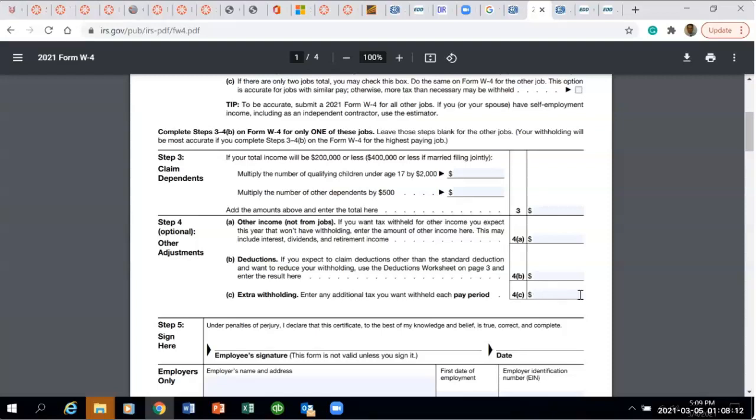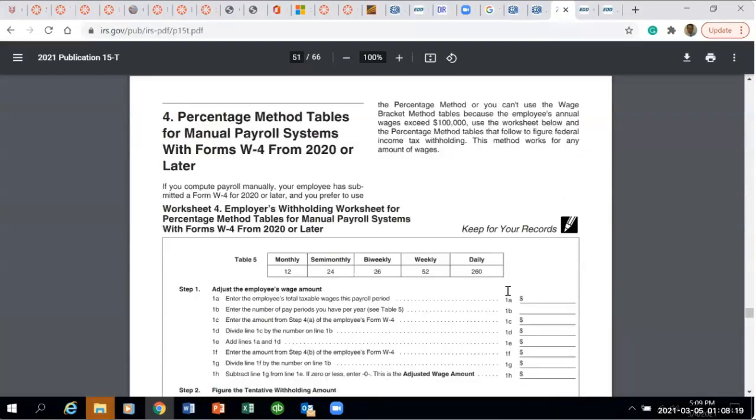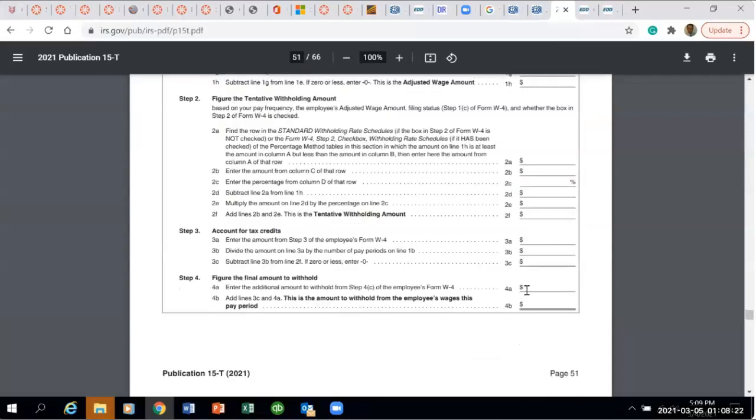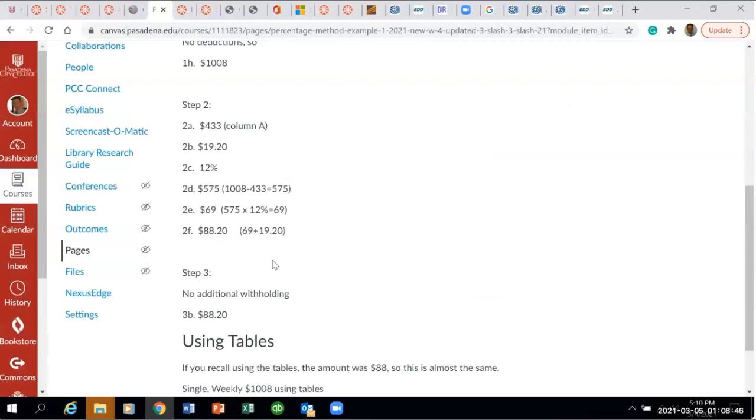If you say such a thing in here, then that will end up in this last line right there. $88 plus $100 extra withholding would become $188 because you asked for an extra $100 withholding. Other than that, if there is no extra withholding on step 4C, then it will be 0 and it will be just that amount, $88.20.